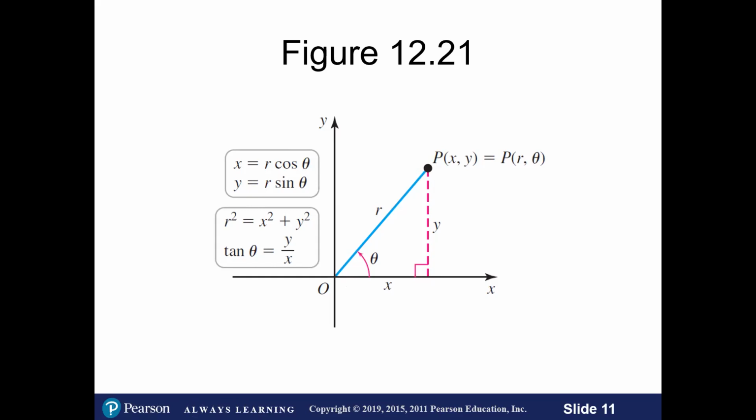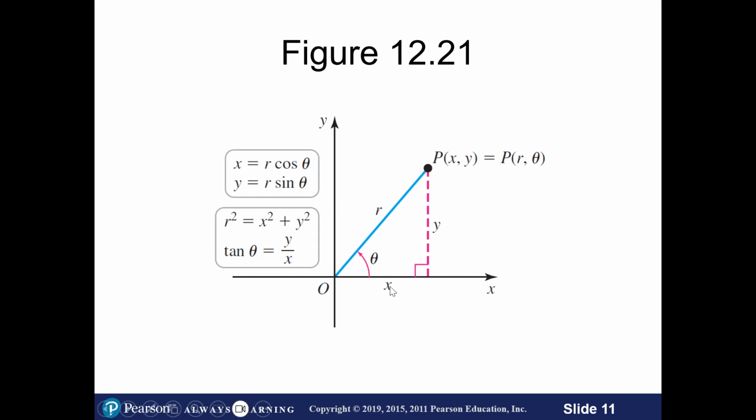Well, the same point has coordinates (x, y) and (r, theta), where I go r units away and rotate up theta to get to that spot. So the point P can be described as (r, theta) or (x, y), depending on the coordinate system. Looking at that triangle, I've moved r away and rotated up theta, and that theta is one of the angles of our right triangle.